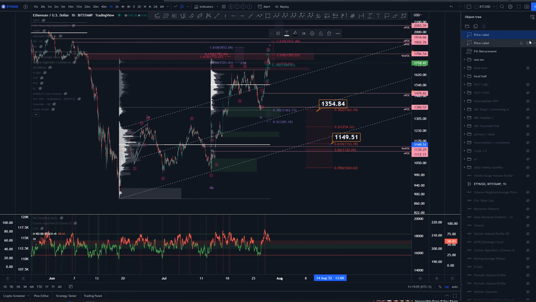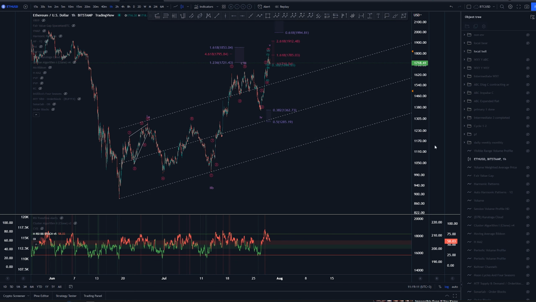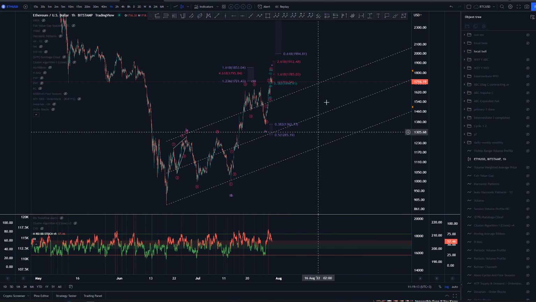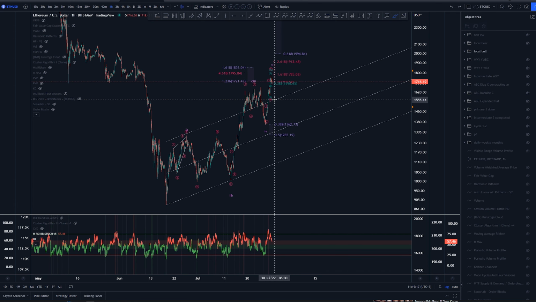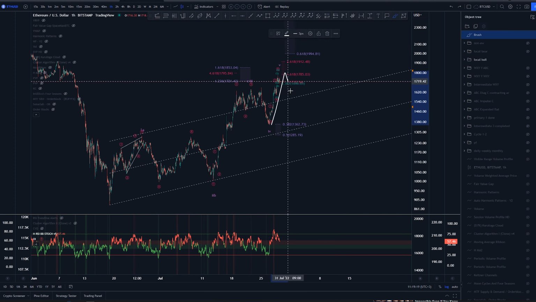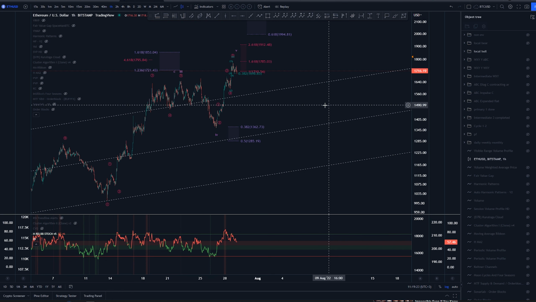If not, then we can be looking at higher prices again, and at that point we would be looking at this as just a very bullish 1-2 scenario, and then again 1-2 here. So the area where we can define if this is going to be more bullish or not is definitely down here, 13.55.